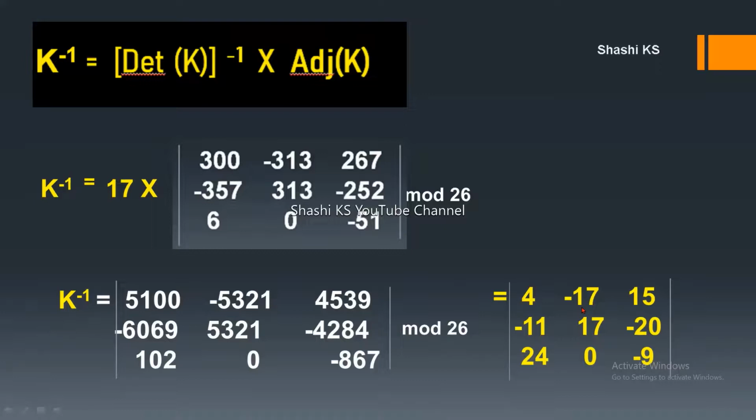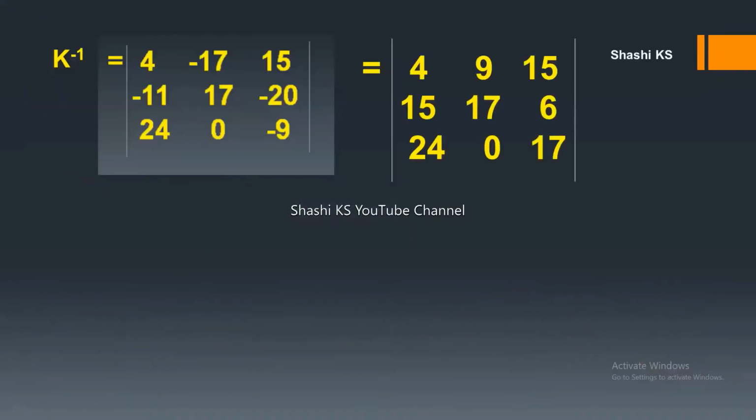That will give you the positive value of the result. So you have to do -17 plus 26. Here you have to do -20 plus 26. Here you have to do -11 plus 26. Here you have to do -9 plus 26 to convert them to positive values. Then only you will get the actual value of key inverse.